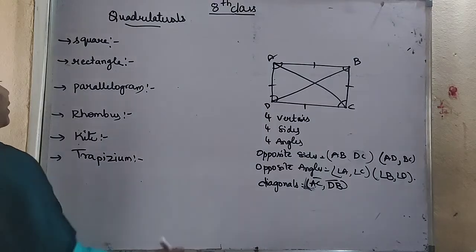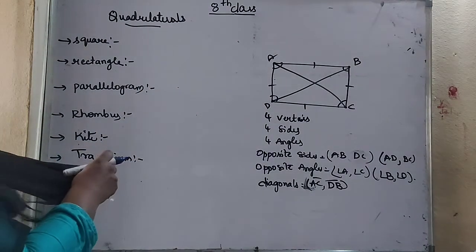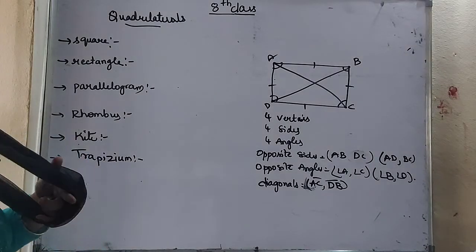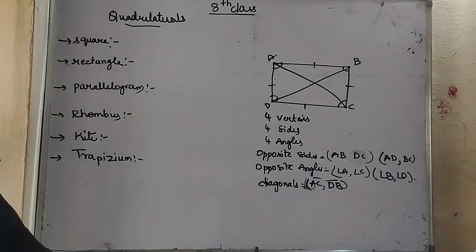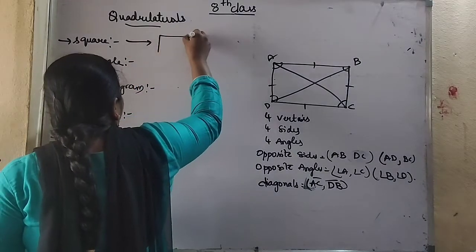And you know that in every quadrilateral you will have four sides, four vertices, four angles and two diagonals. Okay. So what are the properties of a square? We will see now.